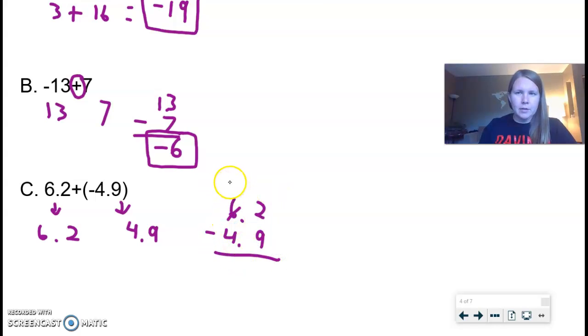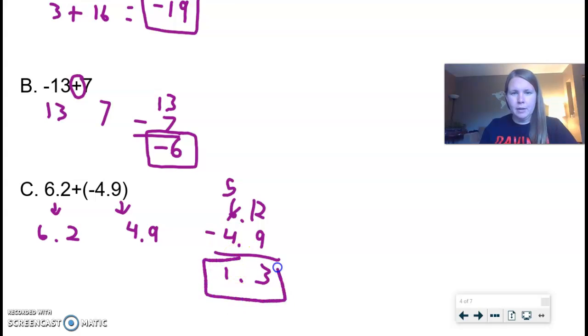We're going to move this over and do our long subtraction. So I end up with 1.3, and I'm going to keep the original sign for the larger absolute value. The larger absolute value, when I look at these two, is 6.2. The original sign for 6.2 is positive, so my answer is going to stay positive as 1.3.